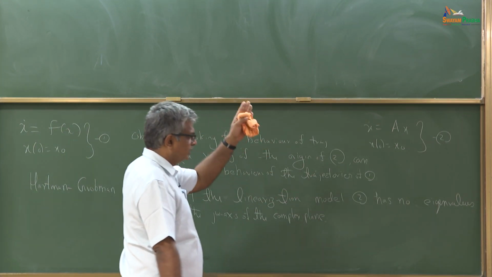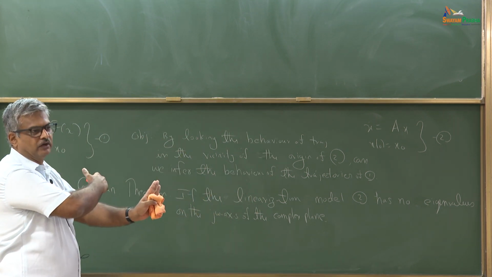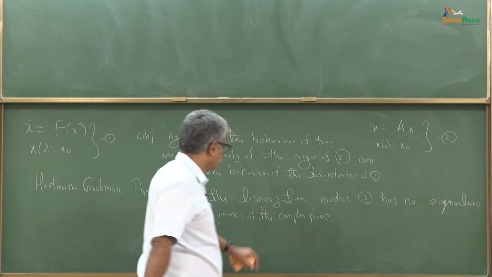That means all the eigenvalues are either this side or that side of the j omega axis. That's what it means.